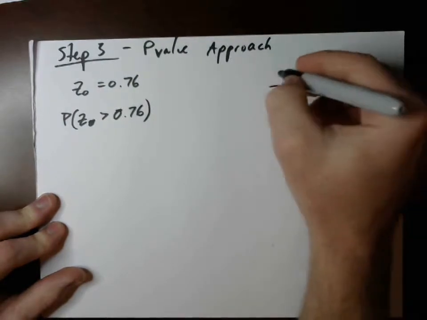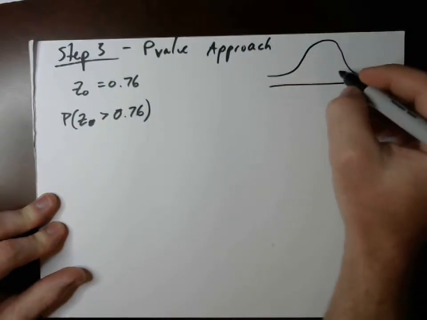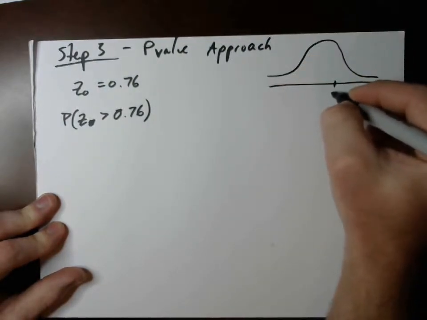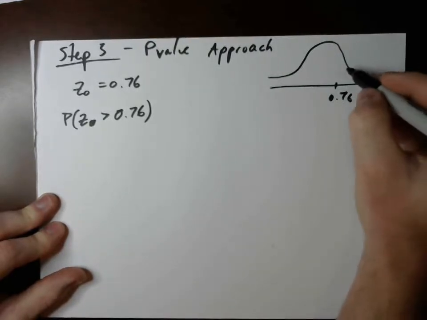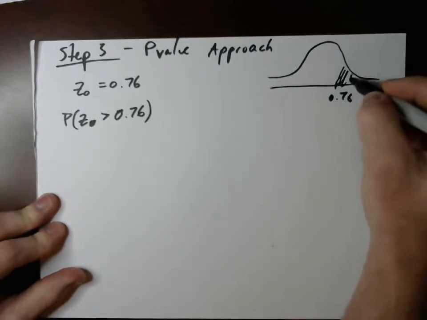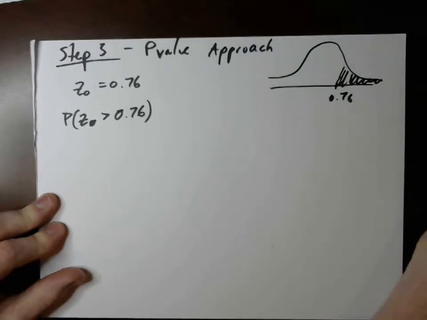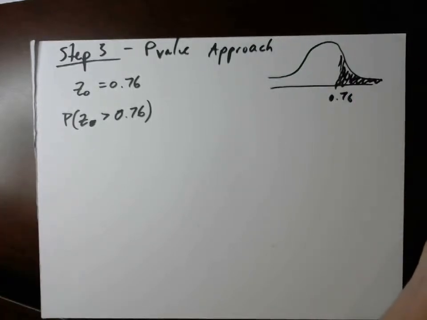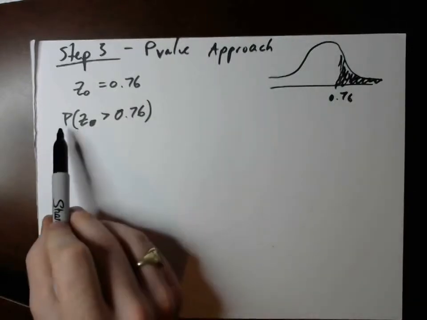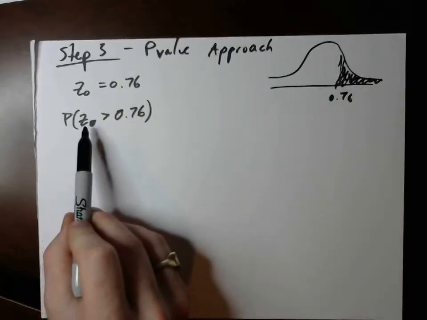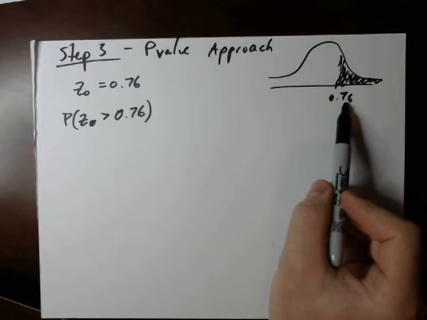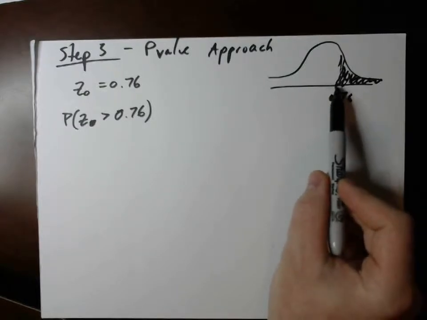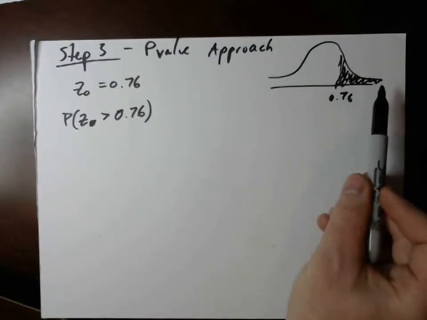A picture of this: we have a value of 0.76, and we want to find the probability, or the area, of everything to the right of 0.76. That's one way of saying it: the probability that a z-score is greater than that value, 0.76, because greater than represents the area on the tail.